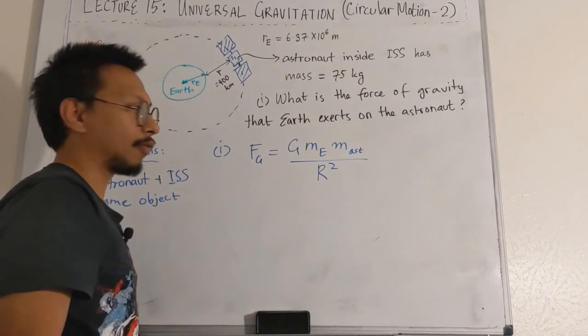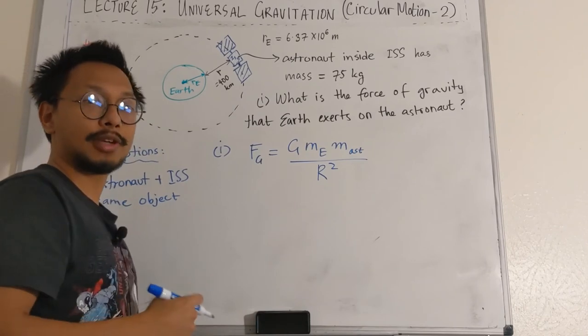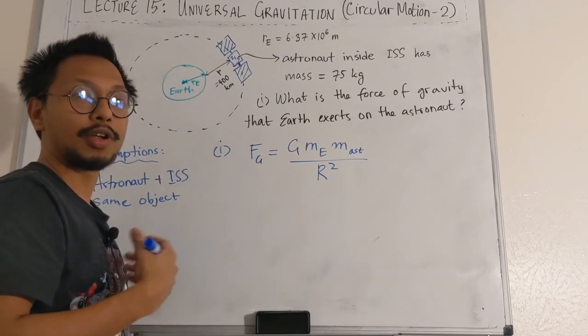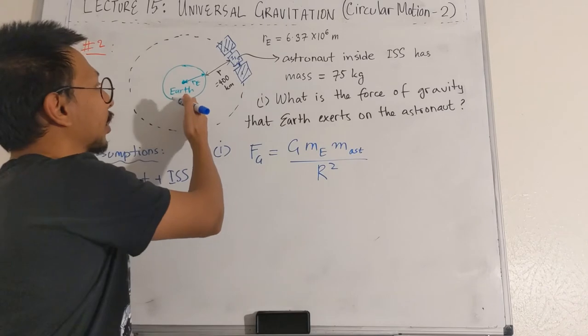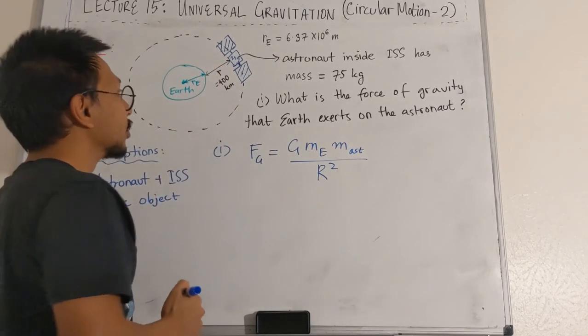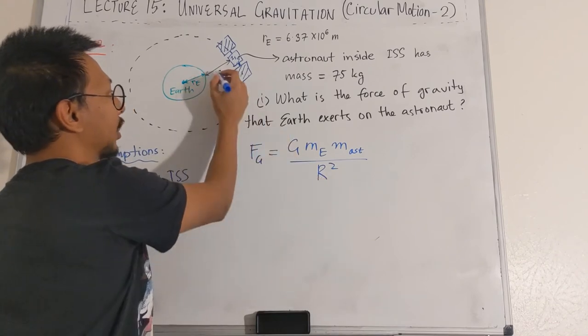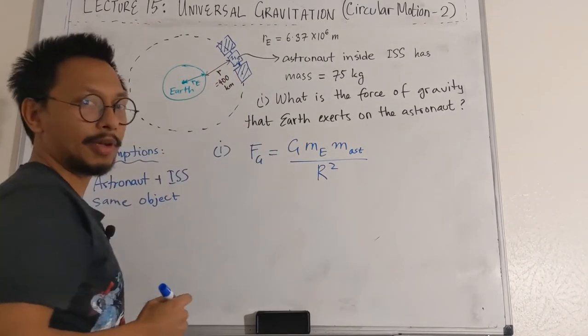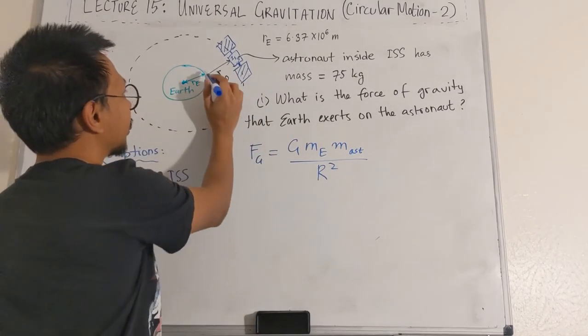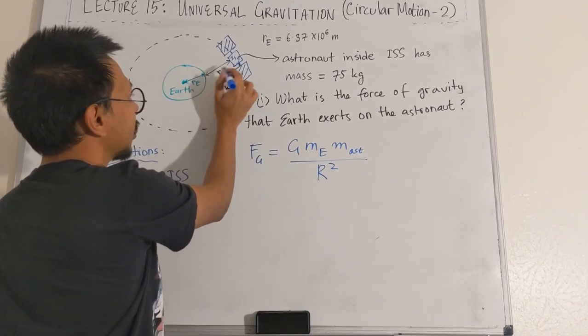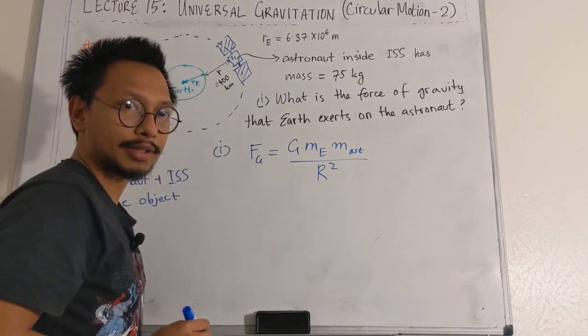As we have mentioned before, it is the center to center separation of the two objects that we are looking at. Here we are looking at Earth and the ISS. So in fact, if we use capital R to be equal to the small r, that wouldn't be correct, because small r is the separation distance of the Earth's surface to ISS and the astronaut.